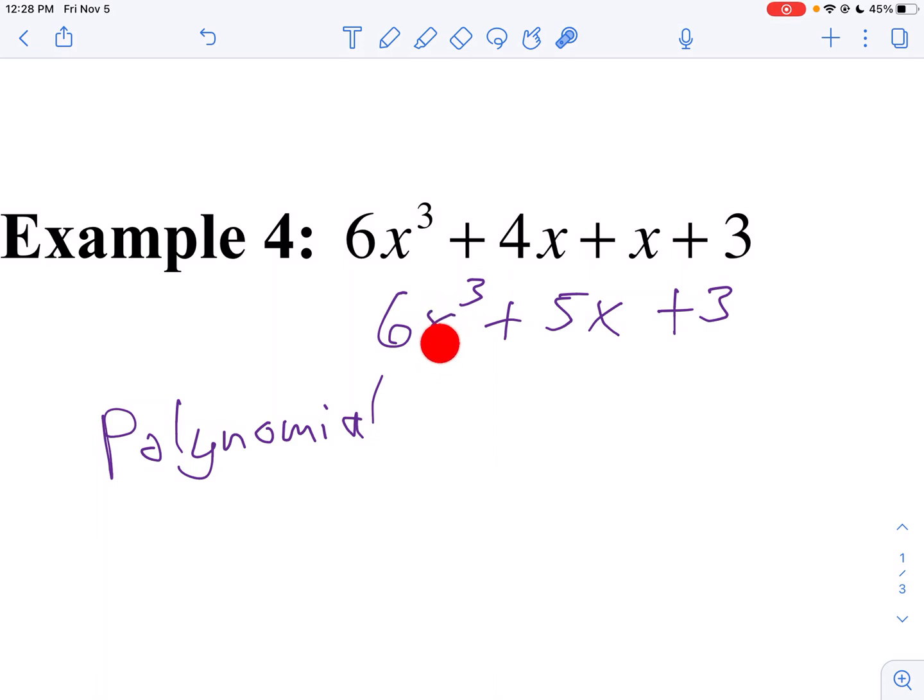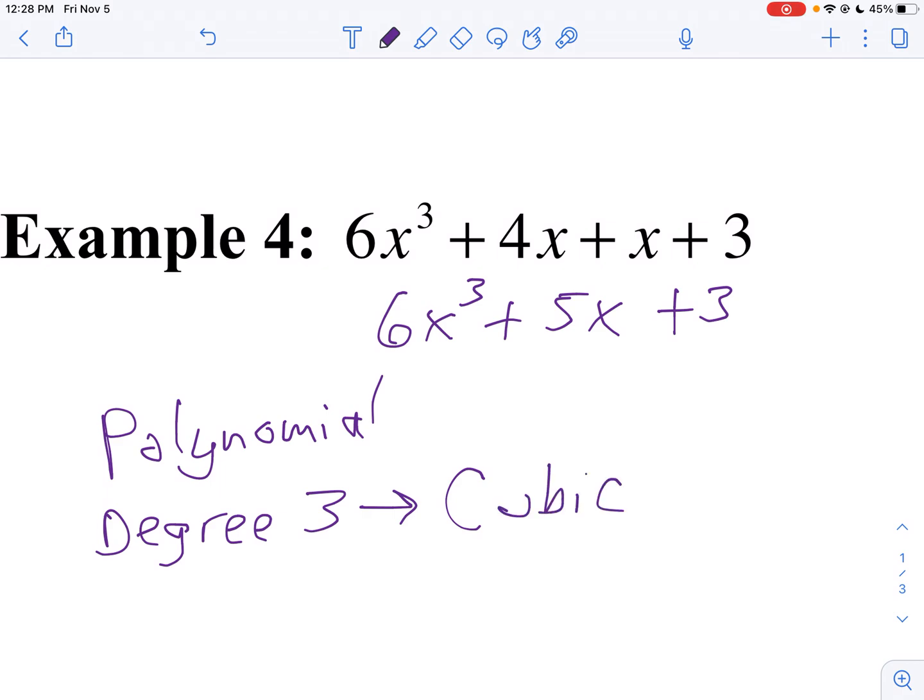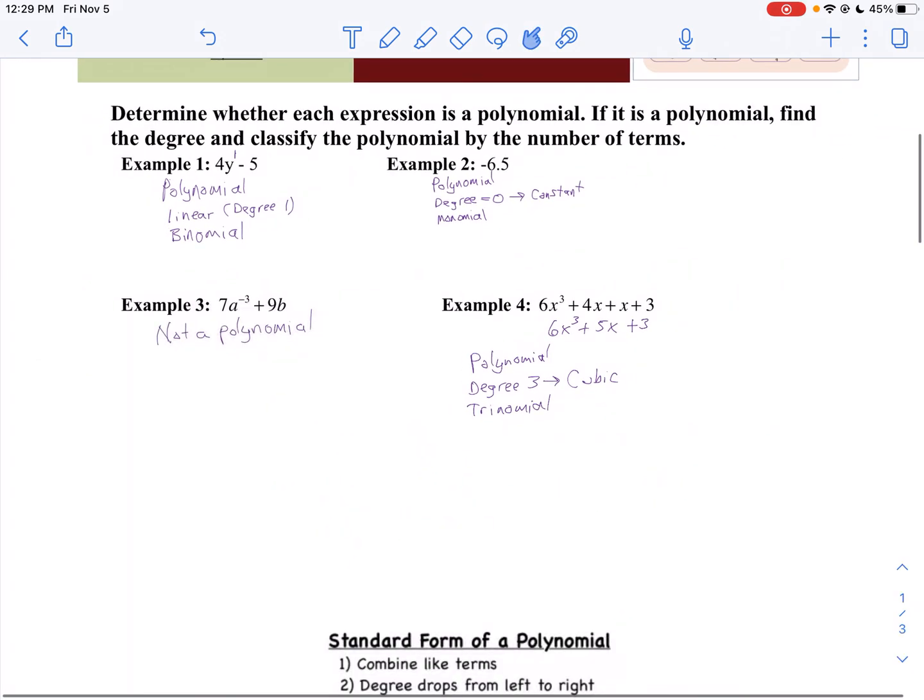So the degree of the first term is 3, the degree of the second term is 1, the degree of the third term is 0, so the degree is 3. And a third degree polynomial is a cubic. It has 3 terms, so it's a trinomial. So it's a cubic trinomial by the degree and the number of terms.